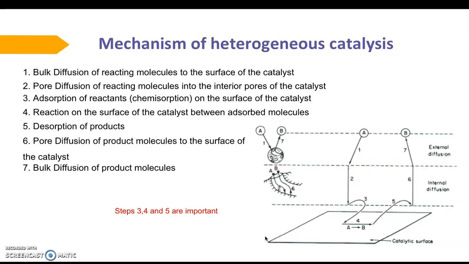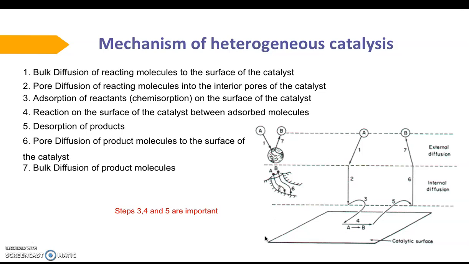What is reaction mechanism? For a solid catalyst, you will see there are 7 magic steps. I call it the 7 magic steps. It doesn't mean that you need to memorize it, because it's an open book, so you can refer to the book anytime. But it's good that you can memorize it.